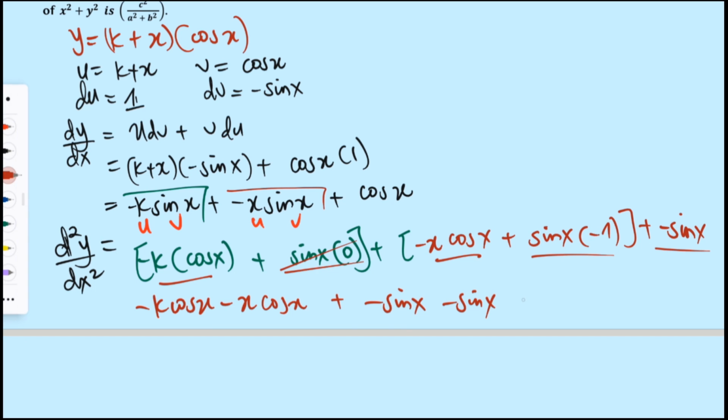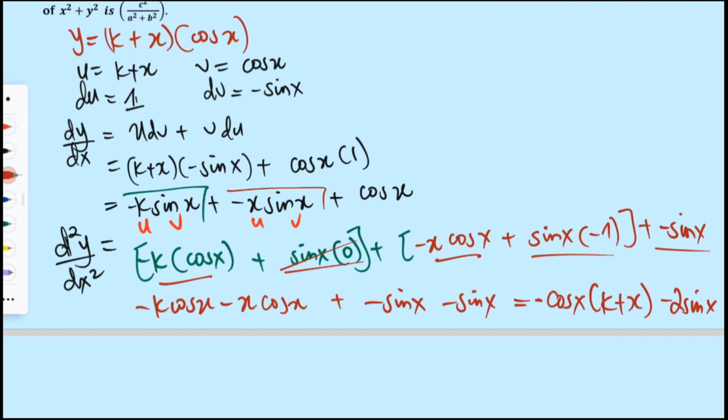I can then factor out negative cos of x, because both of them actually have negative. This would be k plus x, minus 2 sine x. Okay, that is d squared y by dx squared.